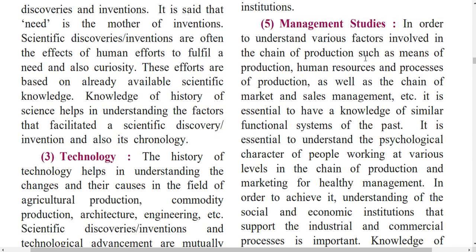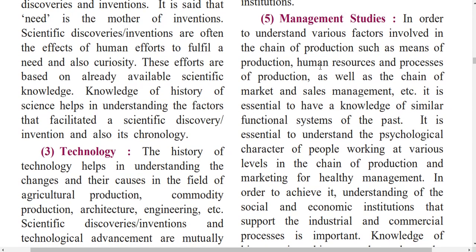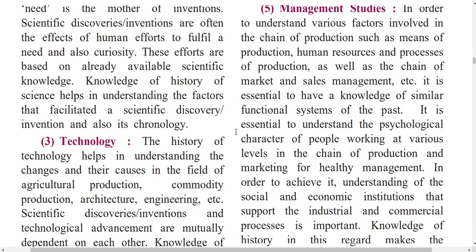Fifth, management studies. In order to understand various factors involved in the chain of production, such as means of production, human resources, and processes of production, as well as the chain of market and sales management, etc., it is essential to have a knowledge of similar functional systems of the past.